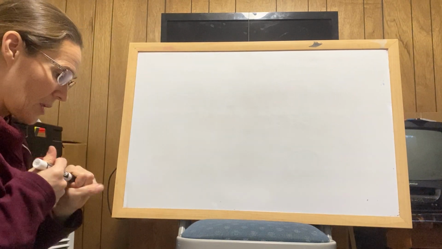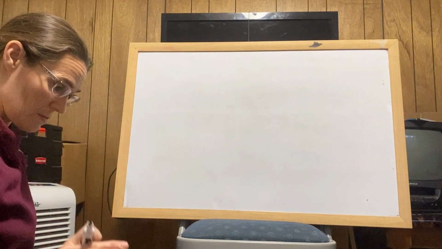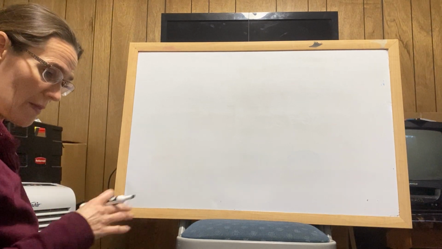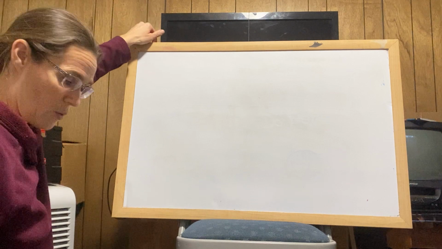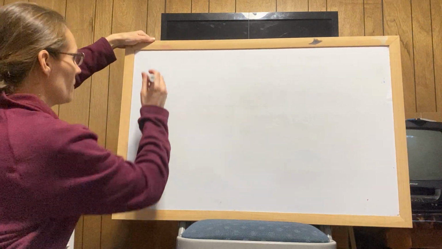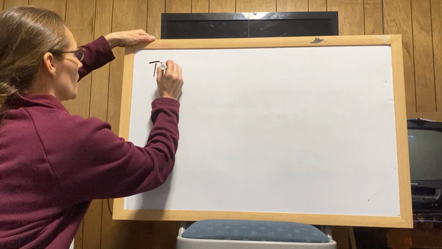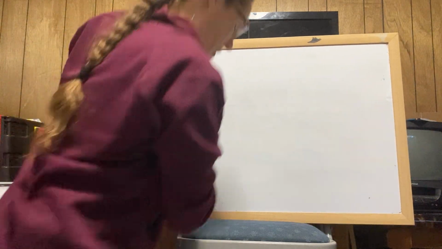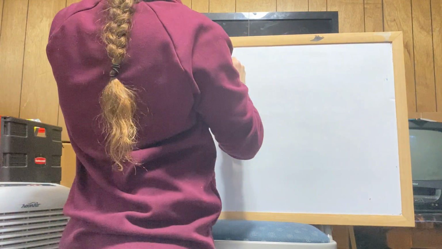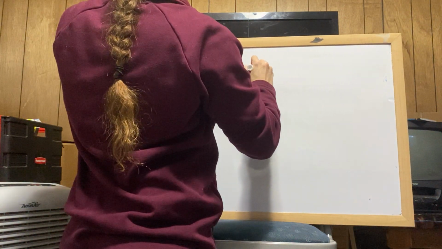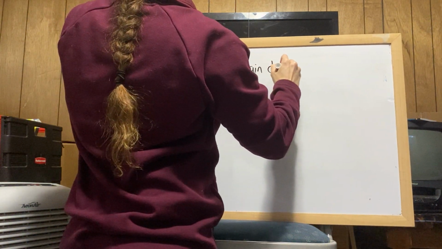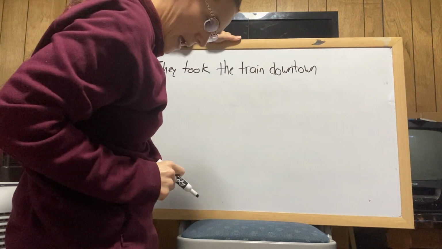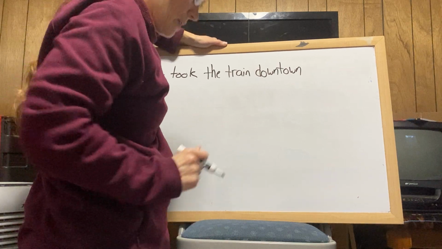Next sentence. Again, write this down, pause the video, work it out on your own, and then push play and watch the video to see if you get the same answer.